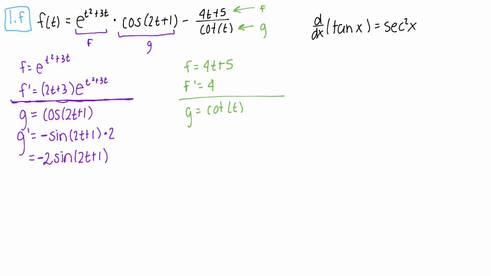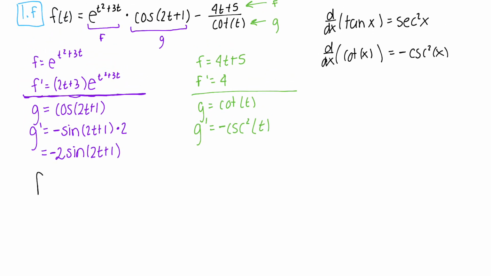So the derivative of cotan x becomes negative, because all of the co-functions have negative derivatives. It becomes negative cosecant squared x. So negative cosecant squared t in this case, because t is our variable.